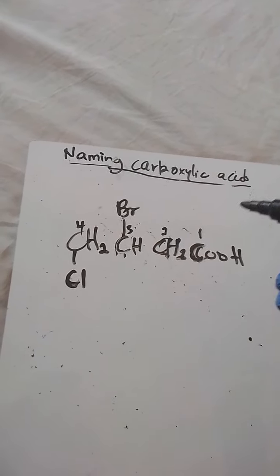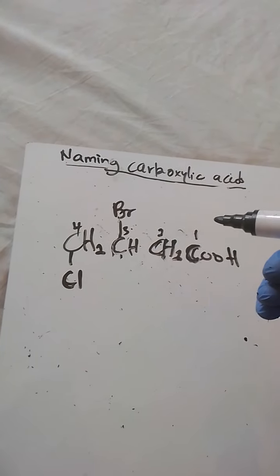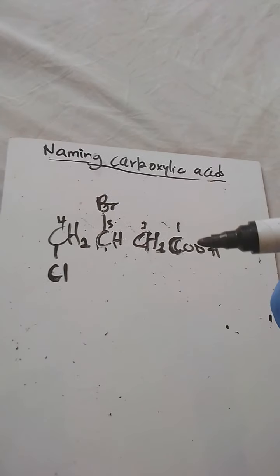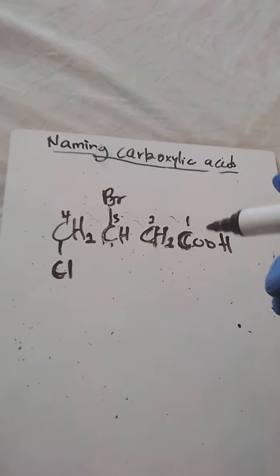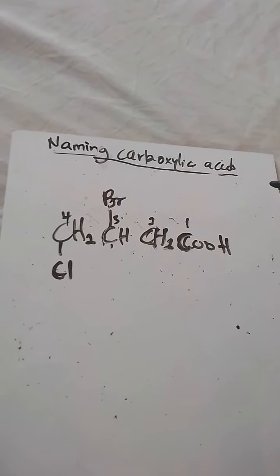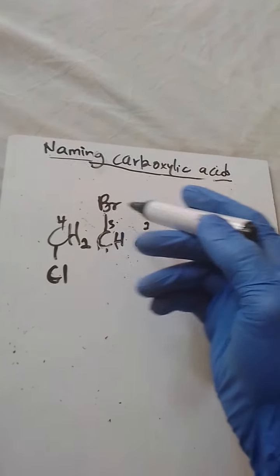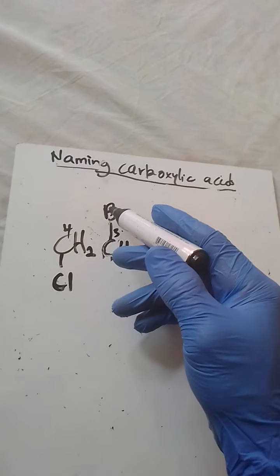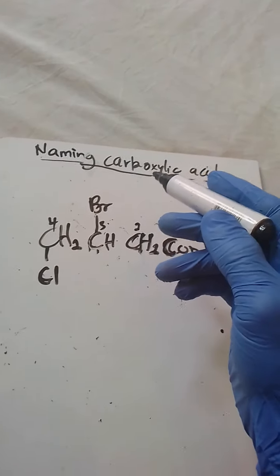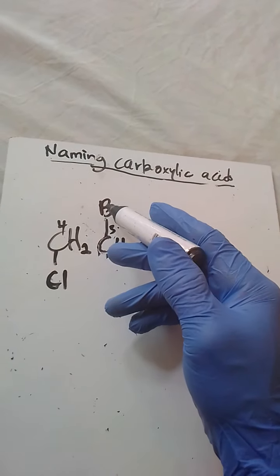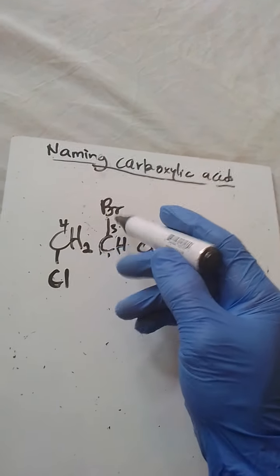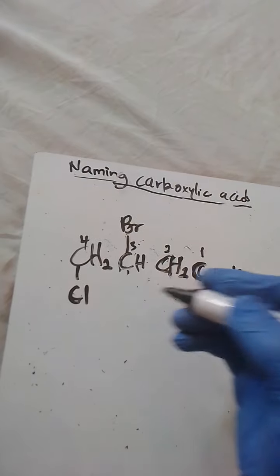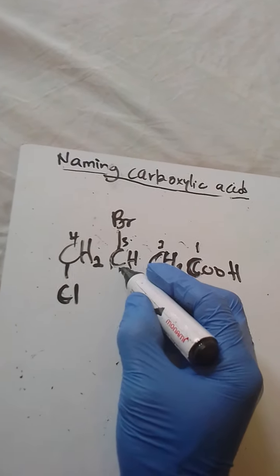So in such situations, how are you going to do it? When you have multiple substituents, in listing them in the naming, we do it in alphabetical order. So here you have bromine and chlorine. This is C and this is B. So in alphabetical order, the B must come first before the C. So this naming is going to be the bromine first on the 3rd carbon.